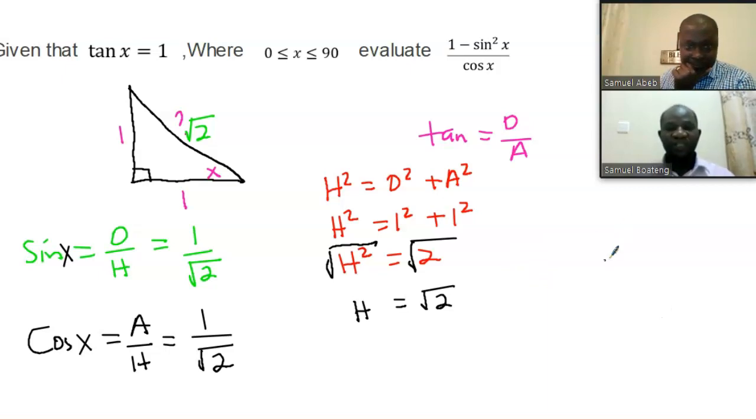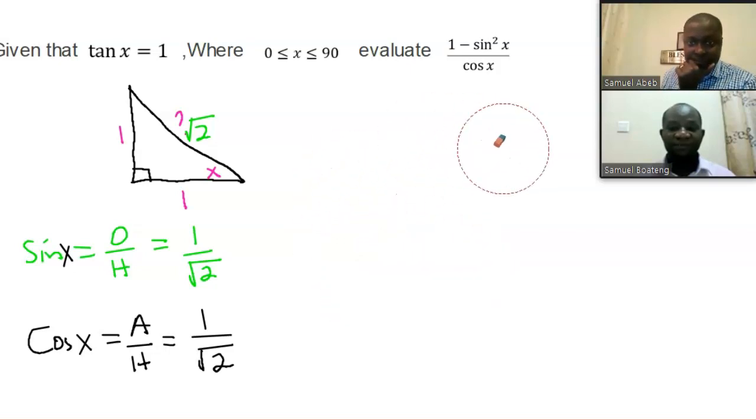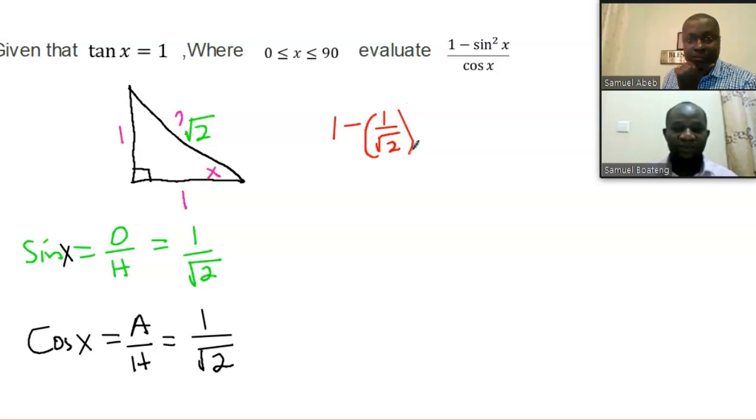So let's go to the expression. You just substitute wherever you see sine x. 1 minus sine squared x, so 1 on root 2 all squared, all over 1 on root 2.